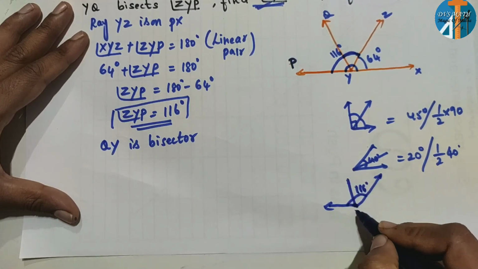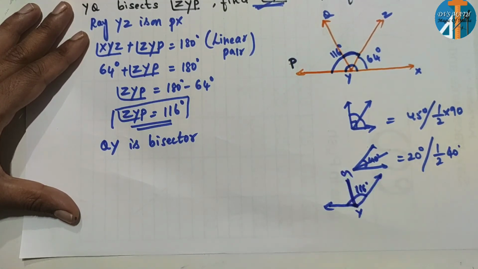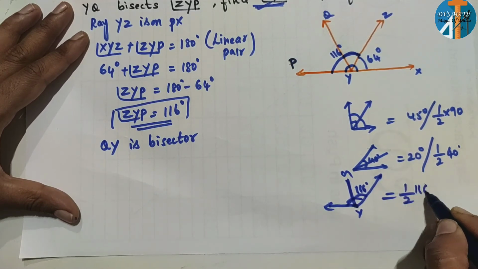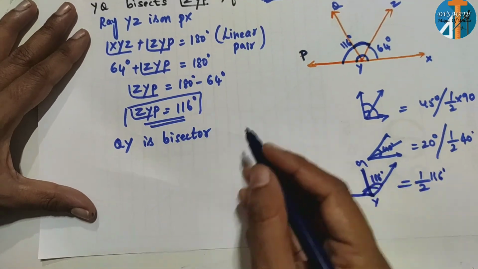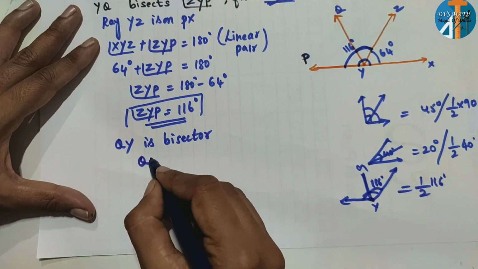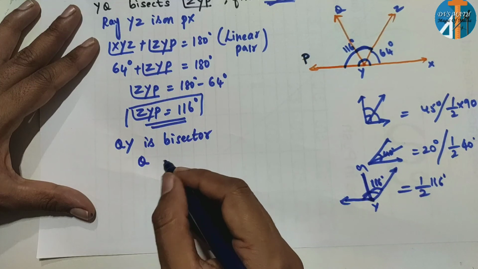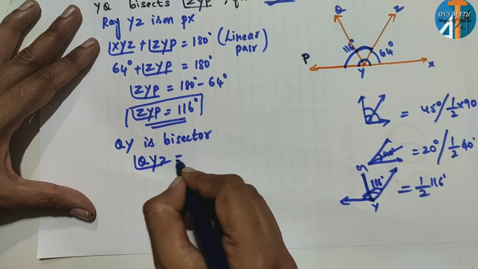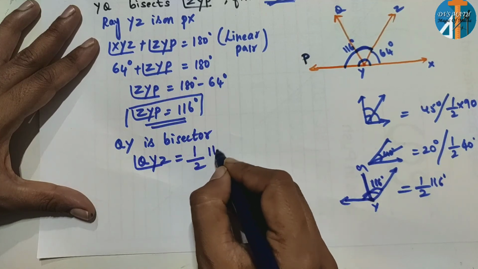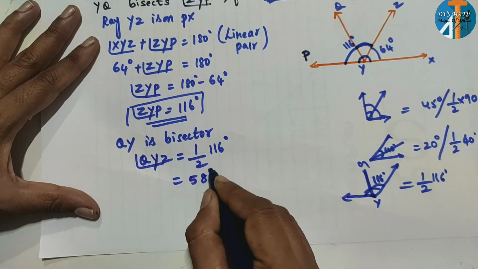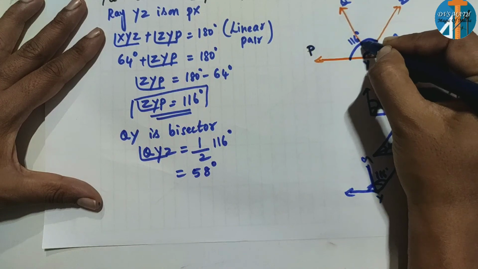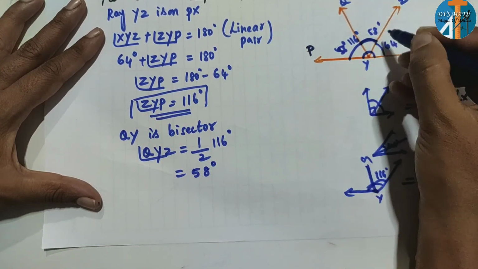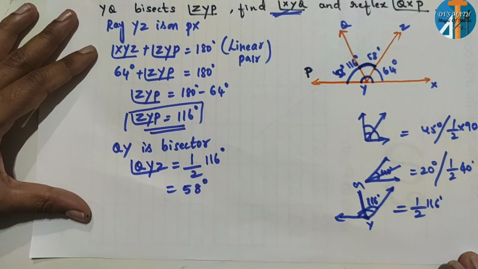Okay, now we are getting YQ as a bisector. That means here what we have to do is take half of 116 degree. Therefore, QYZ, or ZYQ, is equal to half of 116 degree, or 58 degree. That means this angle is 58, and this is 58. Both are equal to 58 now.